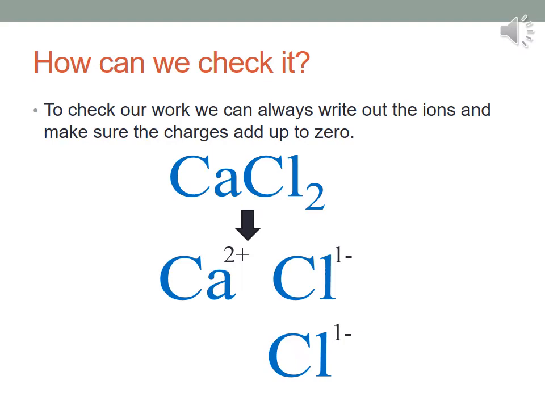They each get a 1- charge, and we get all of those charges from the periodic table. We can see that having 2 positive and 2 negative charges adds up to 0 and makes a neutral compound. And that is always our goal, is to make it neutral. So this is a way of checking your work and making sure that you have written a formula correctly.